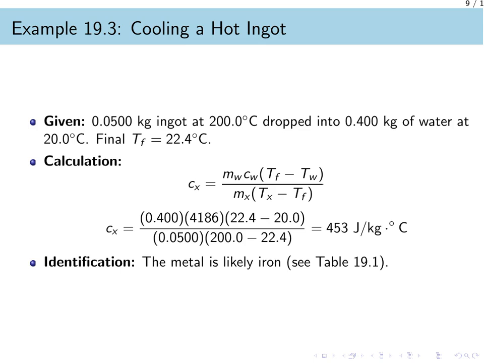The specific heat equals the mass of the water times the specific heat of water times the water's temperature change, all divided by the mass of the ingot times the ingot's temperature change. This calculation gives us 453 joules per kilogram degrees Celsius. Comparing this to standard values, we can identify the metal as likely being iron.